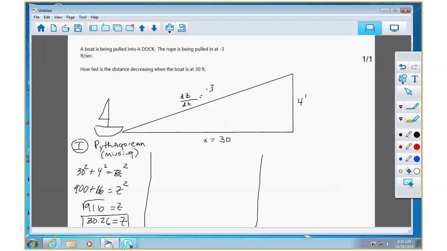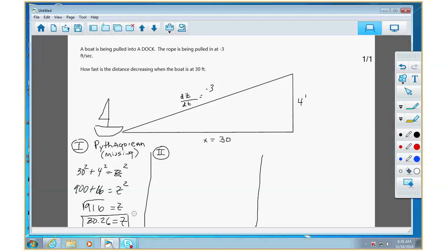Now, do you have to do the Pythagorean first? No, you do not. That's a different part of the problem. You have to do that in order to find your x or y, whichever the equation that you take the implicit differentiation of needs. Now the first part is to find your equation, whichever one you want to do first.